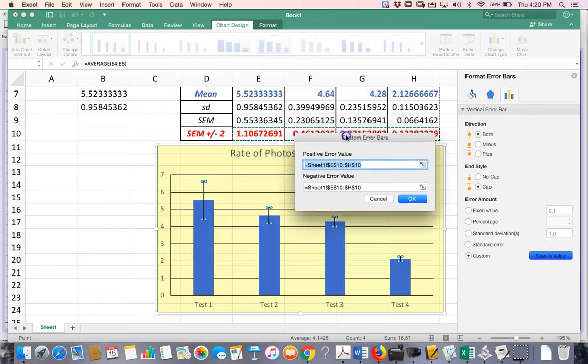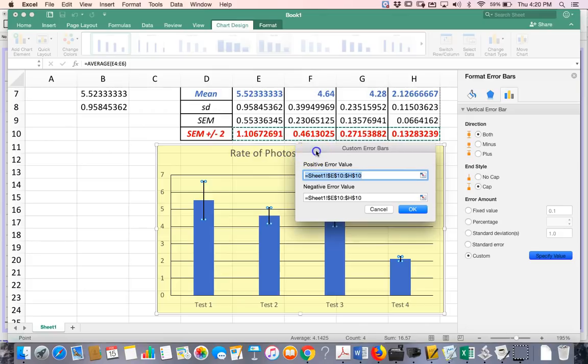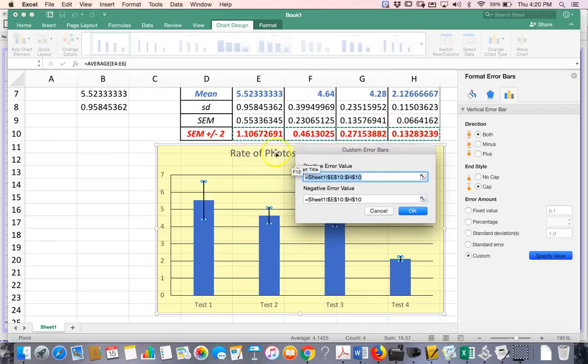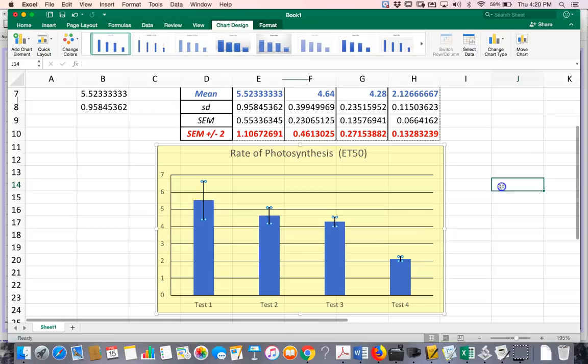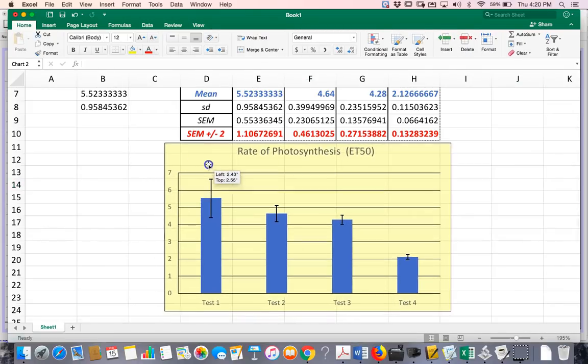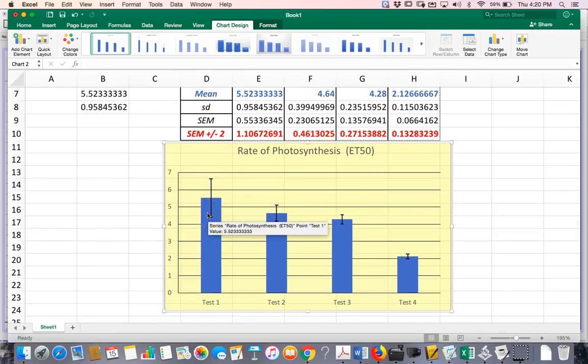Now I've already done this, but for the positive value, all I did was select this area and hit OK. And for the negative, I selected the same area. It's plus or minus, okay, 2 standard errors, and it made the error bars. Okay, and you can adjust all the little fancy colors to your heart's desire, but now you have yourself a graph showing the average.